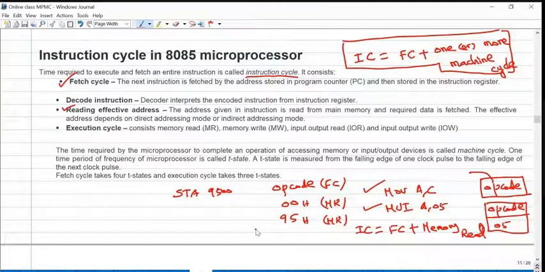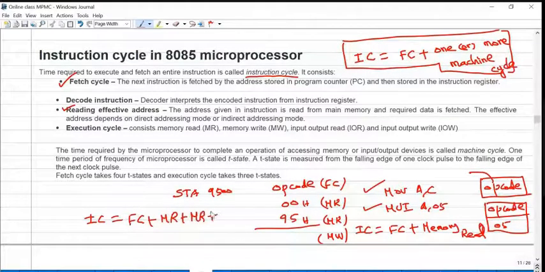After getting all the information, the processor will write the accumulator data in the memory location 9500, that is a memory write operation. So what is the instruction cycle for this STA 9500? Opcode fetch cycle, memory read cycle, and then memory read cycle, and then memory write cycle.